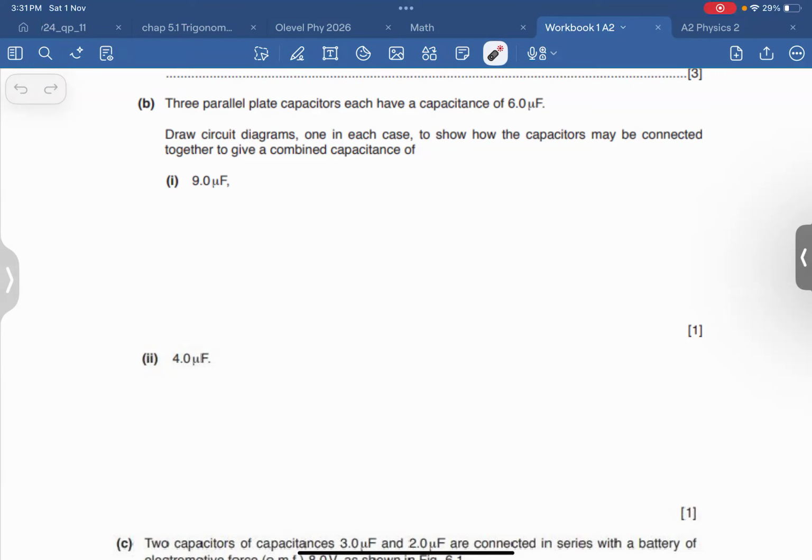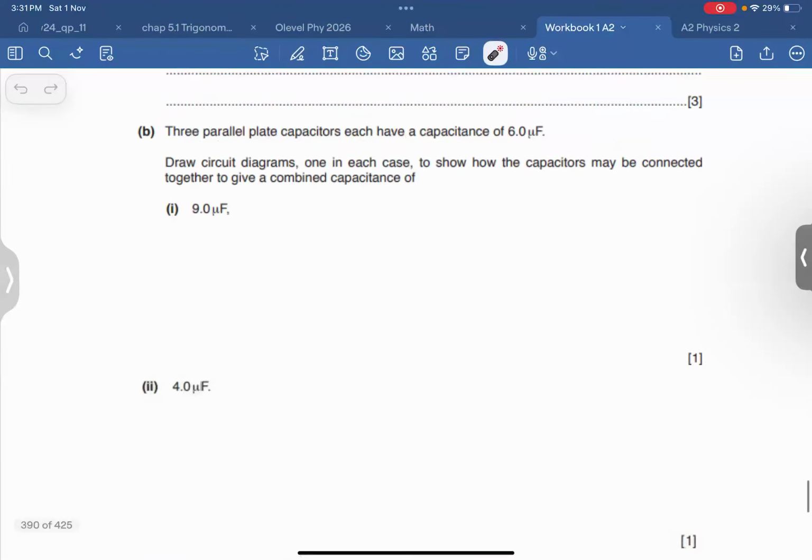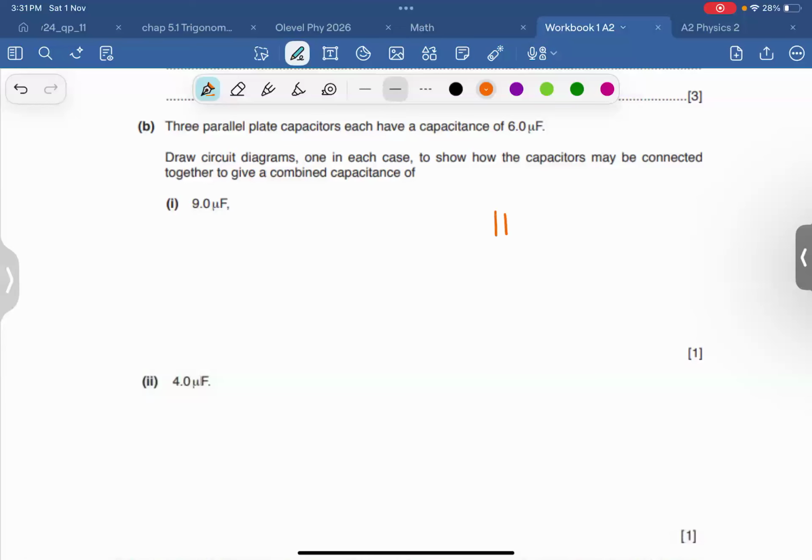Okay. So we have three capacitors, okay? Every one is 6 microfarad, okay? So we have some possibilities that we can draw. The first possibility is connect all of them in series, okay? The second one is connect all of them in parallel.